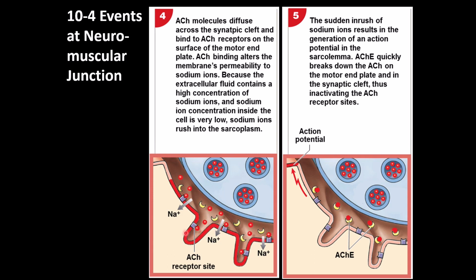Here the T tubules are also activated. Then the acetylcholine is attached to acetylcholinesterase, which breaks down the acetylcholine, and it will be recycled back. So the next time there's a need for it, it can be used right away.